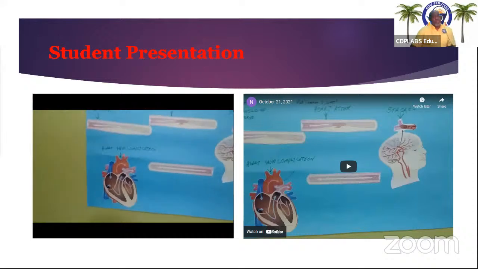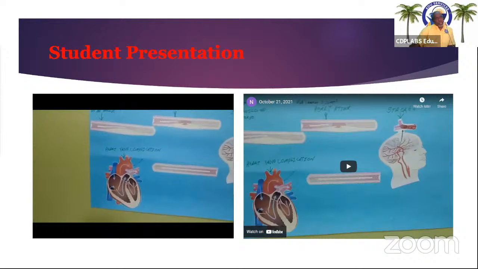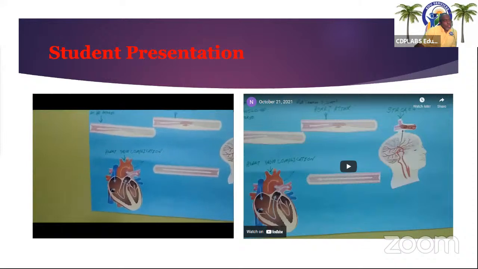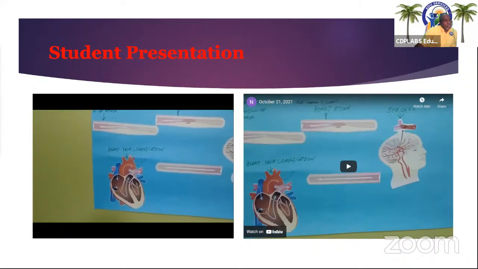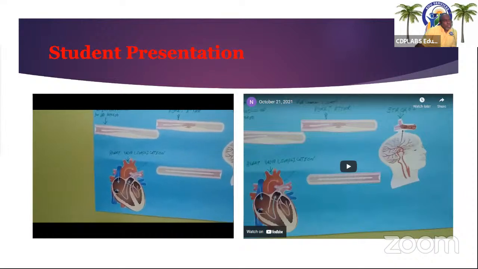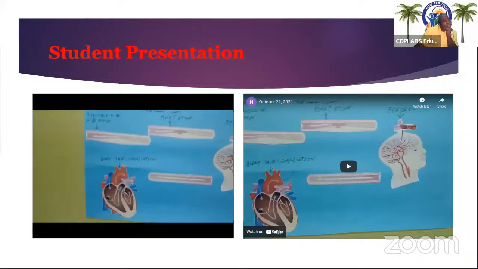The function of the aortic valve is to ensure that oxygenated blood flows from the left ventricle to the aorta and to other parts of the body.